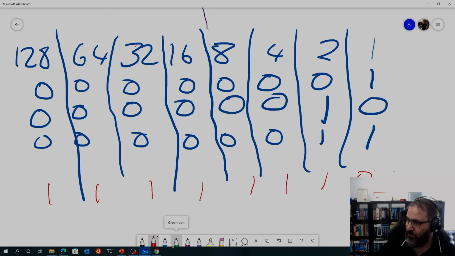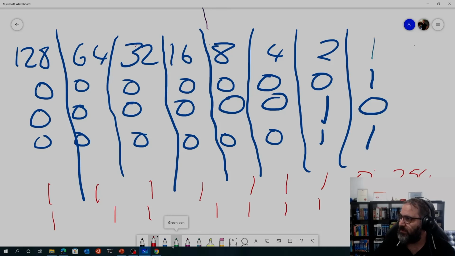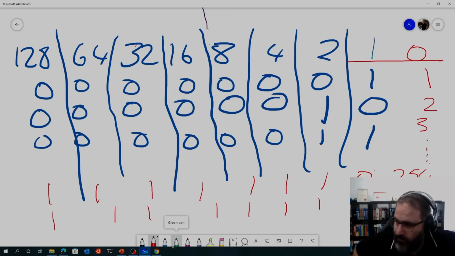This will equal 254. This is the second last number. If I fill them all out, that equals 255. So I've got 0 up here, and then I've got 1, and I have 2, 3, so on, until I get to 254. Sorry, I think my head's in the way.